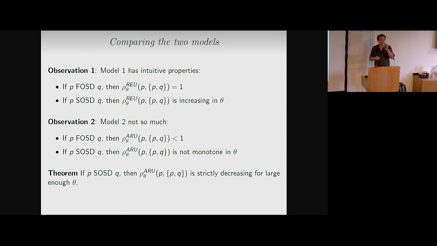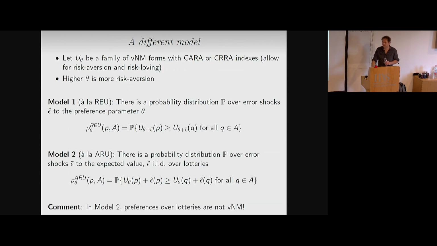Could you go back to the previous slide here, so I can put the two models? So in model 2, there are no restrictions on the epsilon? No, in fact, it's typically this type 1 extreme value, or a Gaussian distribution that people use in practice.